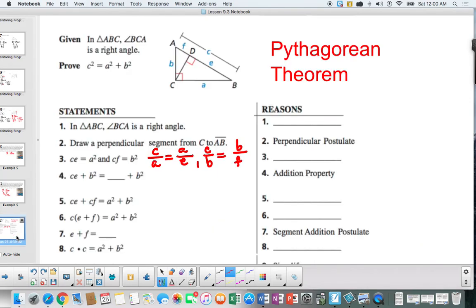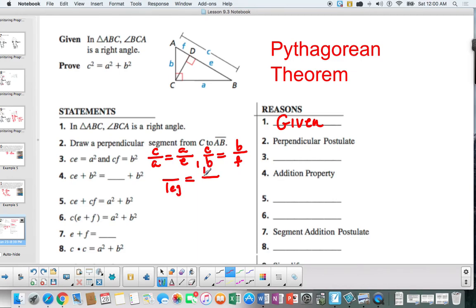Last thing we're going to do is revisit the Pythagorean theorem using this brand new theorem that we're looking at. I'm going to start with the first one, that is the given, and then we're going to draw this altitude to the hypotenuse, which creates this part F, this part E, and this part C. Now I'm going to use the geometric mean leg theorem.